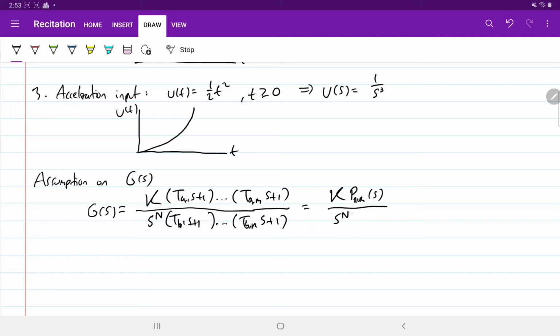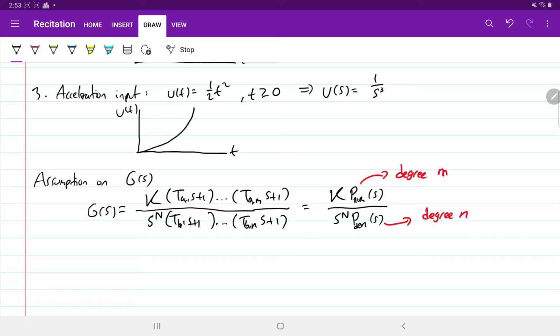So s to the n, so this is capital N, but the degree of this polynomial on the denominator is, this is degree m, and this one is degree n.